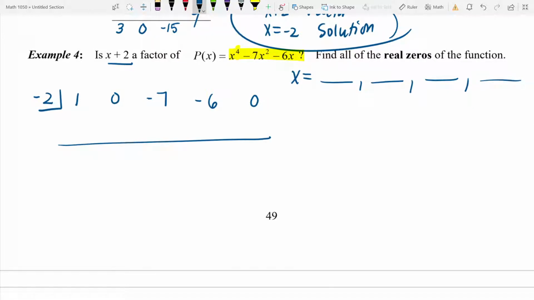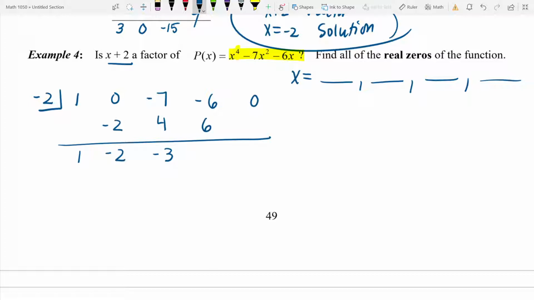Nice and slowly. 1 comes straight down. 1 times negative 2 is a negative 2. 0 and negative 2 gives me a negative 2. A negative 2 times a negative 2 is a positive 4. A negative 7 and a positive 4 is a negative 3. A negative 3 times a negative 2 is a positive 6.